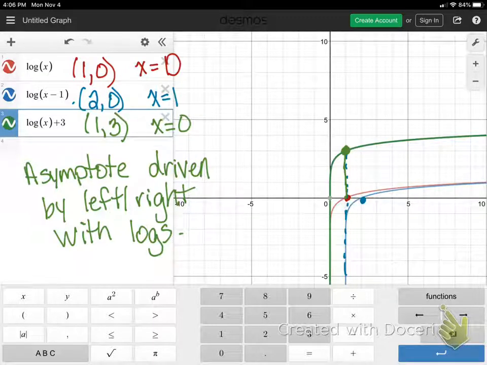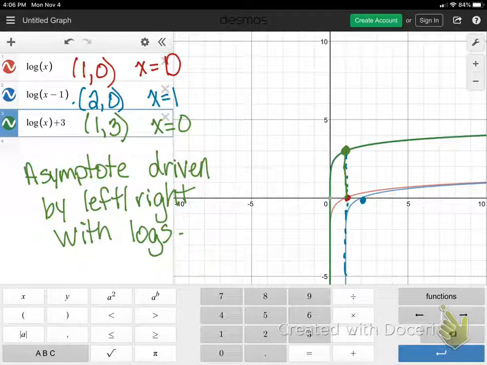Now, we didn't talk about this on Thursday, but the exponential function, what drove the exponential function's asymptote? Anybody? It's the up-down movement. So the right to left movement drives where your asymptote goes with the logs.